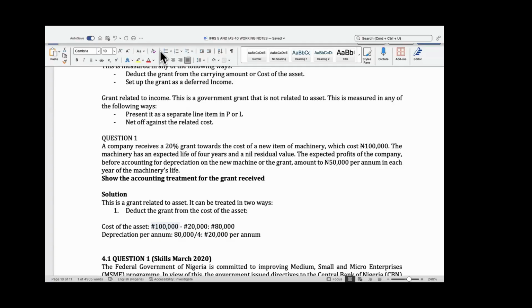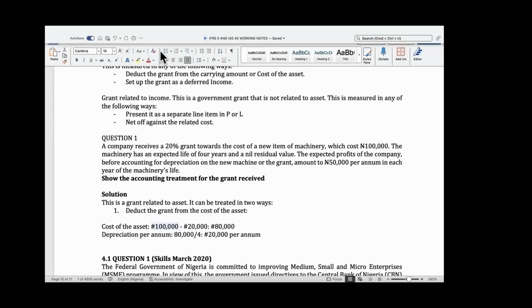Let me try again. Okay. You credit the assets 20,000, then you debit P&L, government subsidy account.